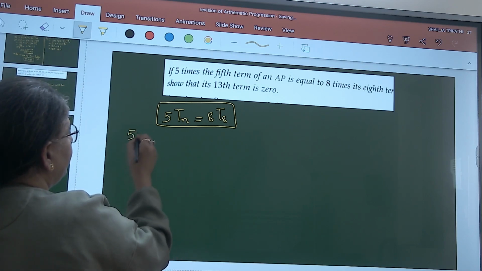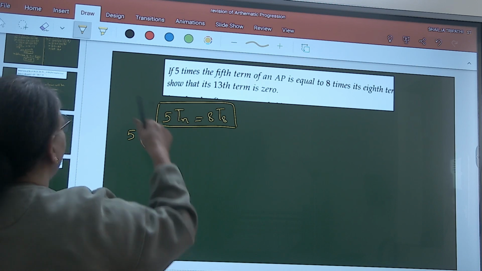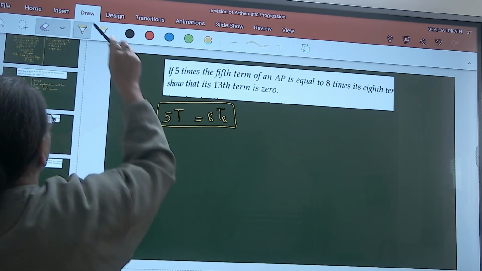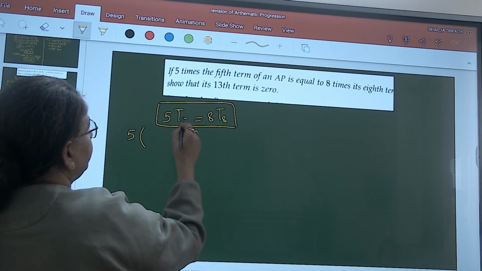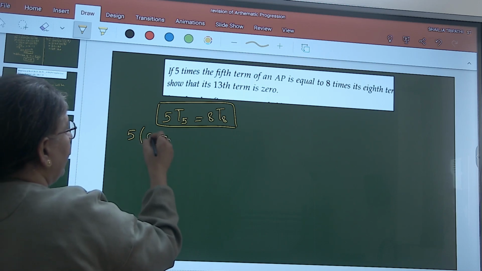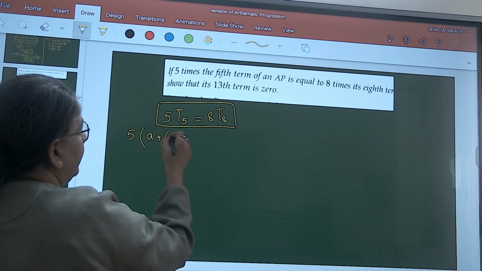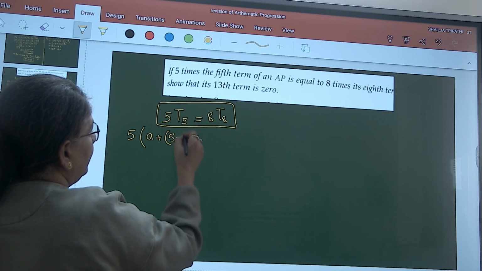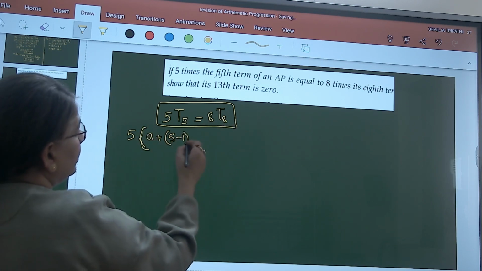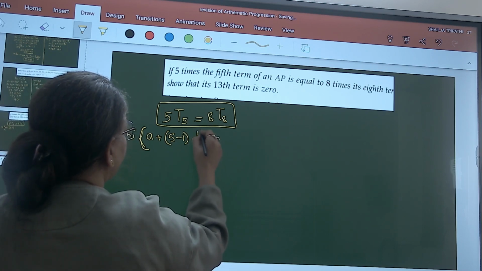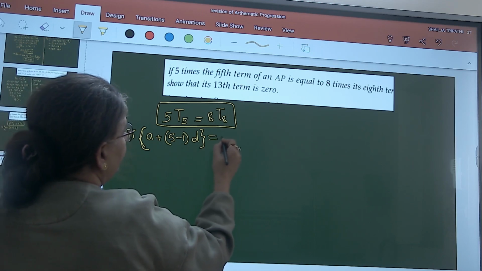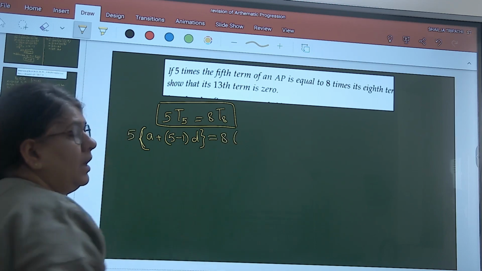See, 5 times T5. So it is written as 5 times {a plus (5 minus 1)d}, and this is equal to 8 times the 8th term.